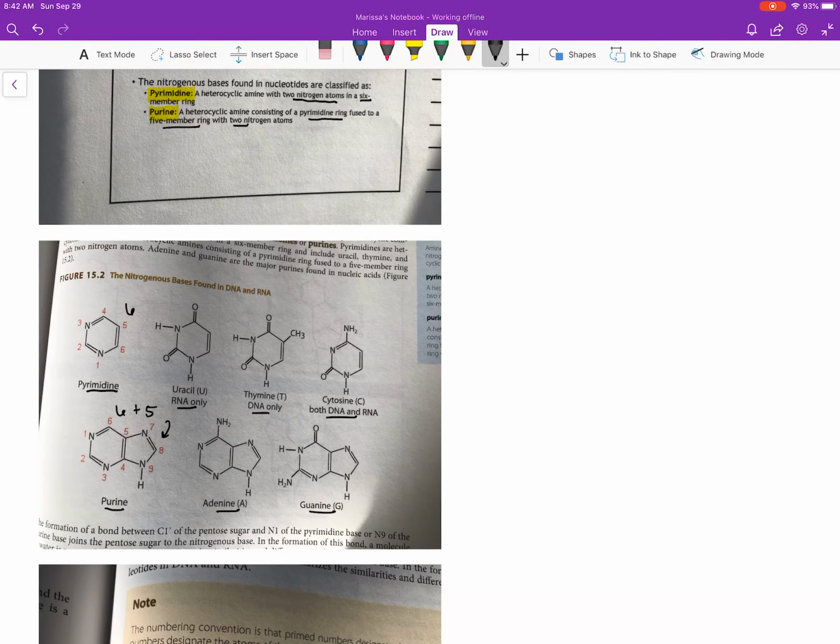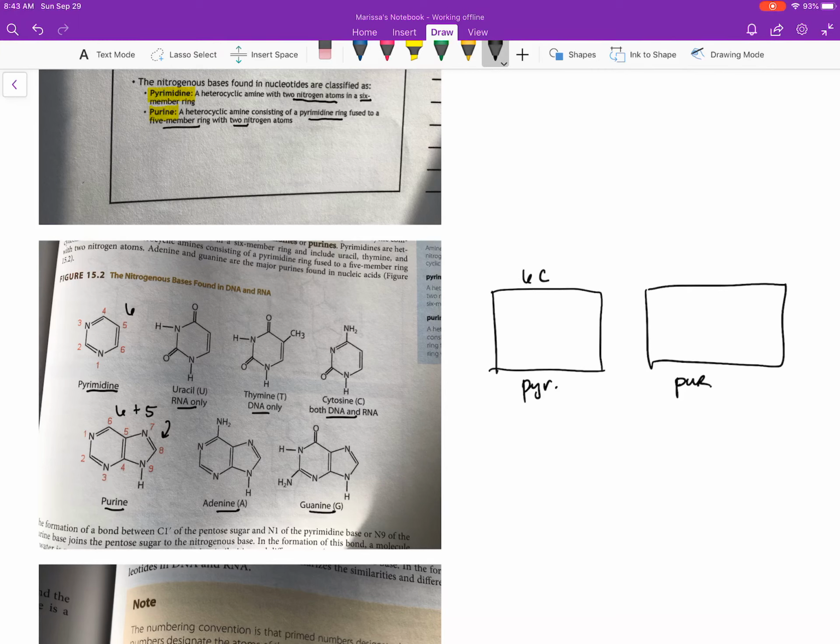All right. I think Sapling's going to have like 2 boxes like this, and it's going to tell you to sort them based on the structure, and you can do that because now you know how pyrimidine and purine differ based on structure. These will be your 6 carbons, and this is going to be your 6 plus 5 carbon.